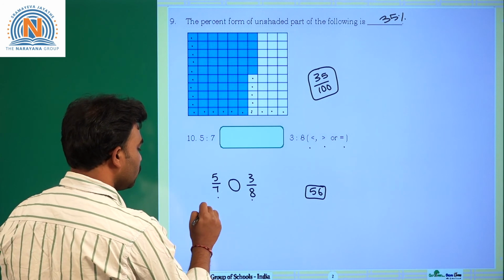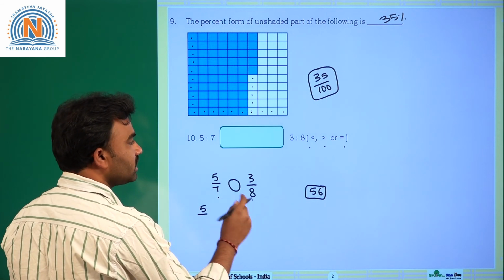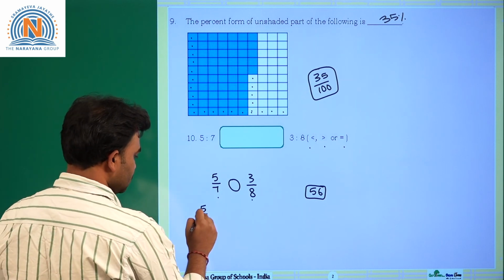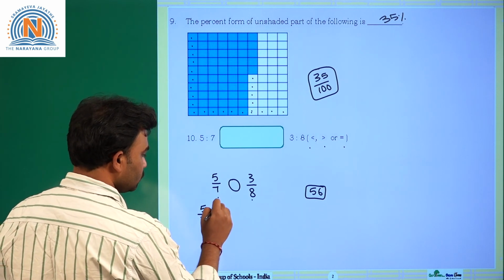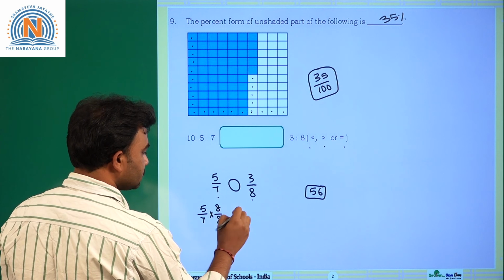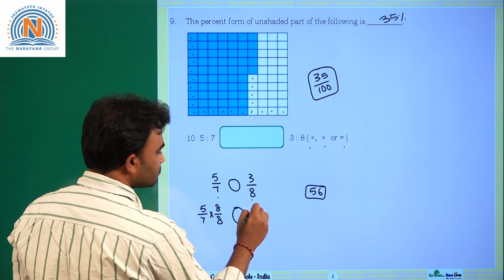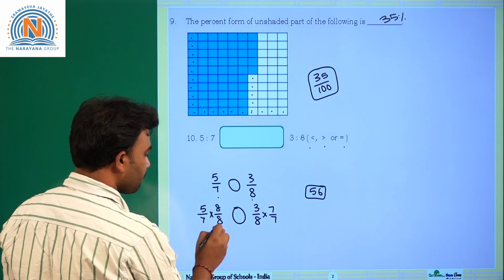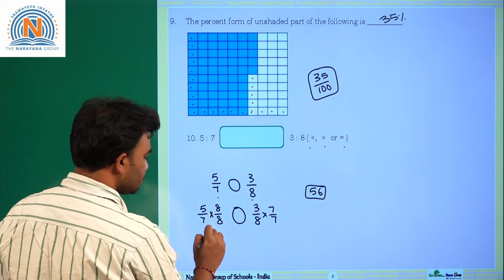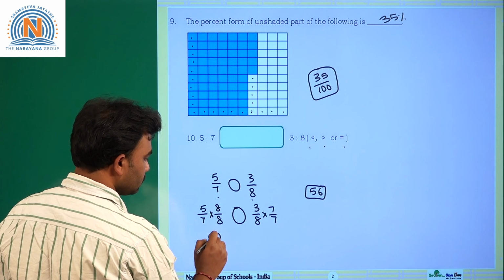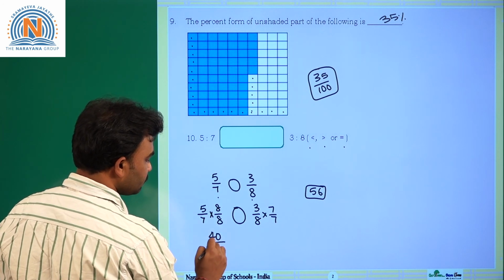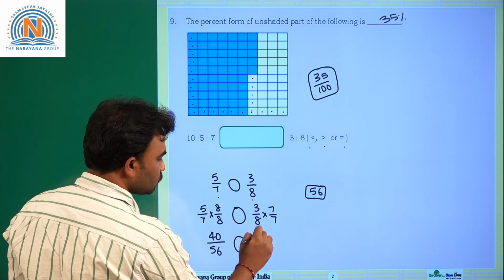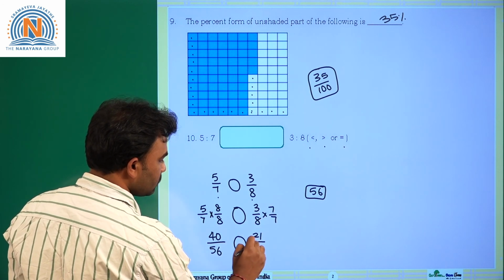Now equal the denominators, then comparison is easy. 5/7 into 8/8, and 3/8 into 7/7.